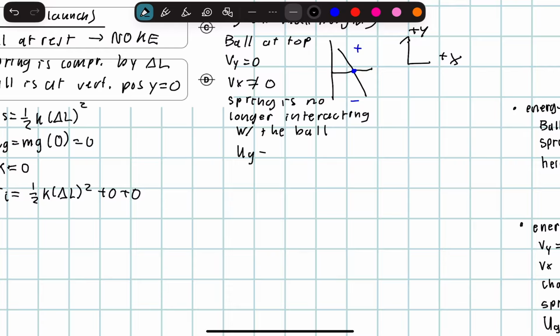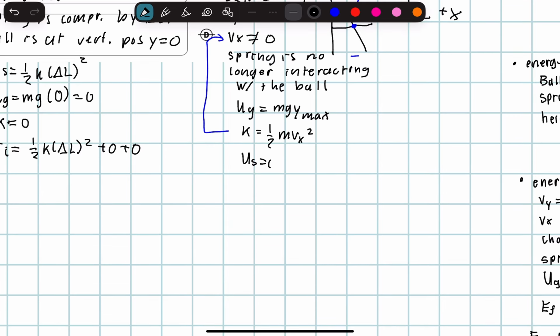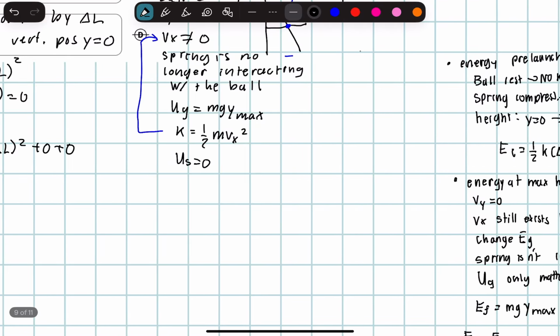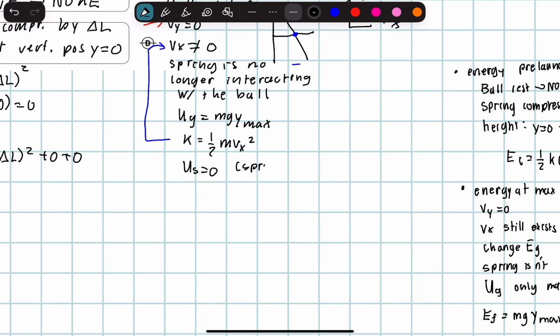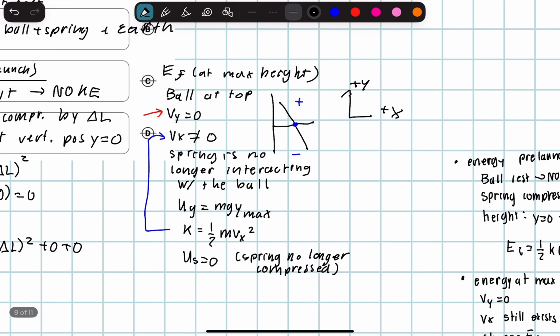UG is equal to mg y max. For the kinetic energy, only the horizontal motion remains, because vy is equal to 0, so we have 1/2 m vx squared. And our spring energy, US, is equal to 0, because the spring is no longer interacting with the ball and is no longer compressed.